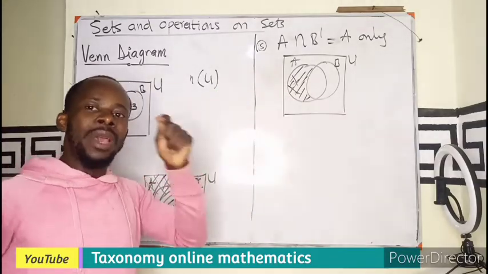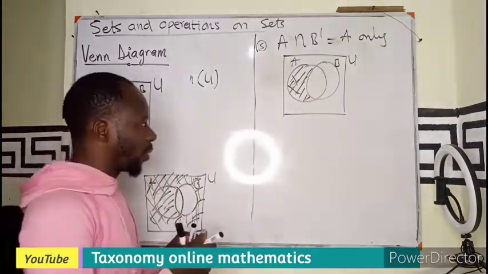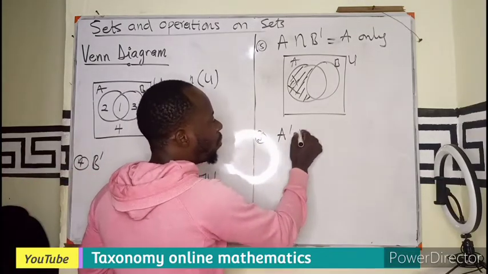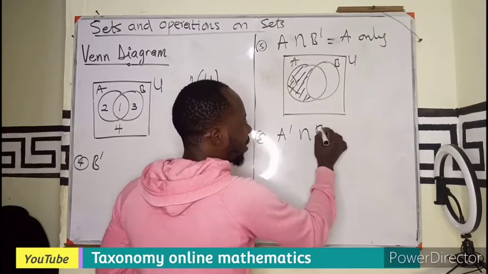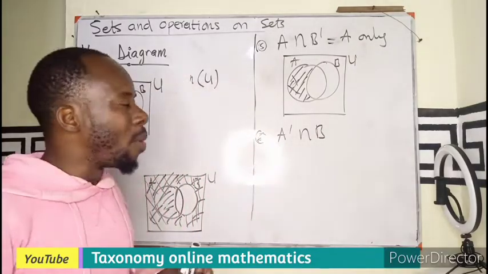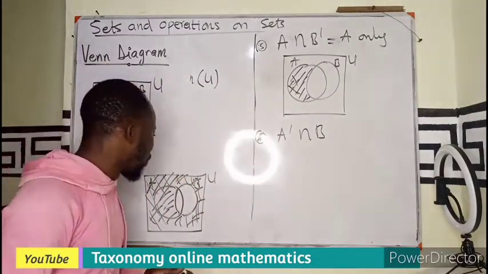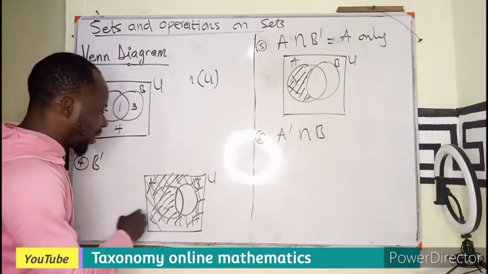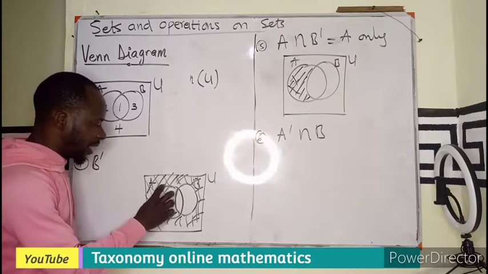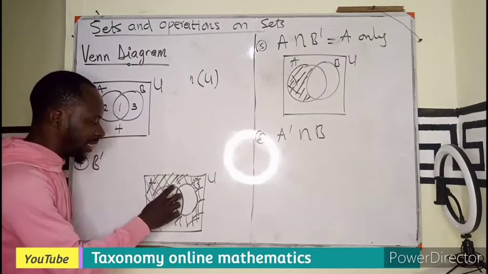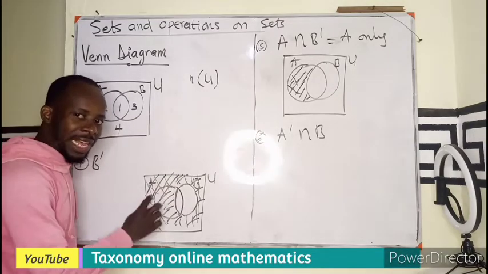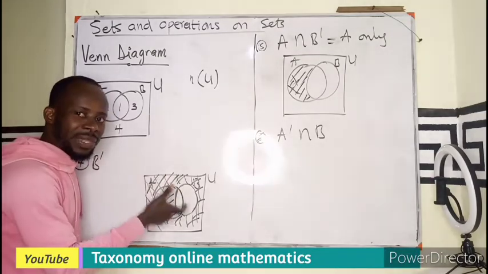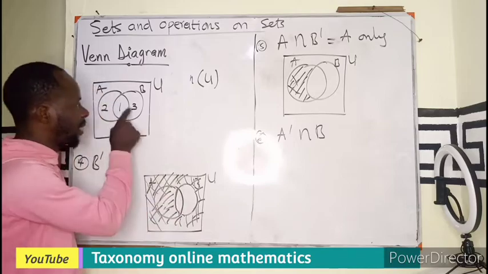Better still, A only. So that also means that if we take number 6 to be A complement intersection B, don't forget A complement is the opposite of this, whereby we find the region outside the circle A. The region outside A will intersect the region B at region 3.